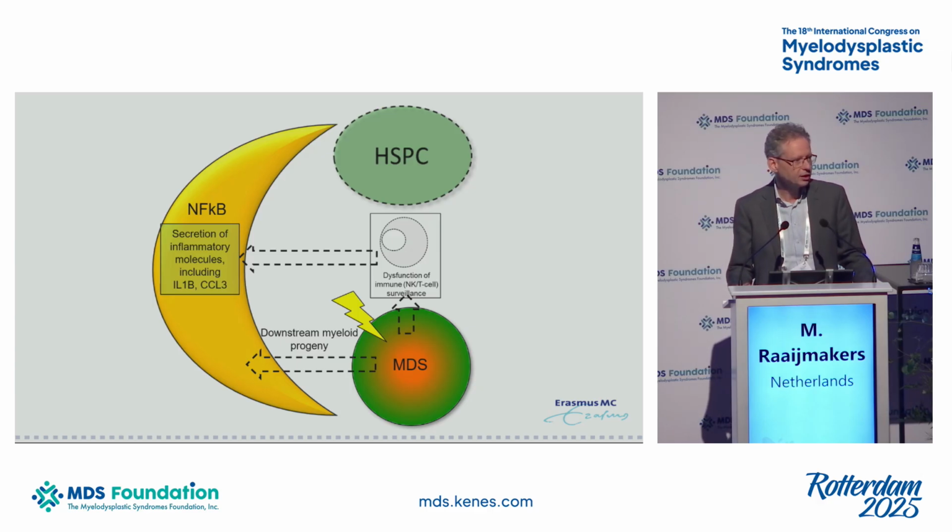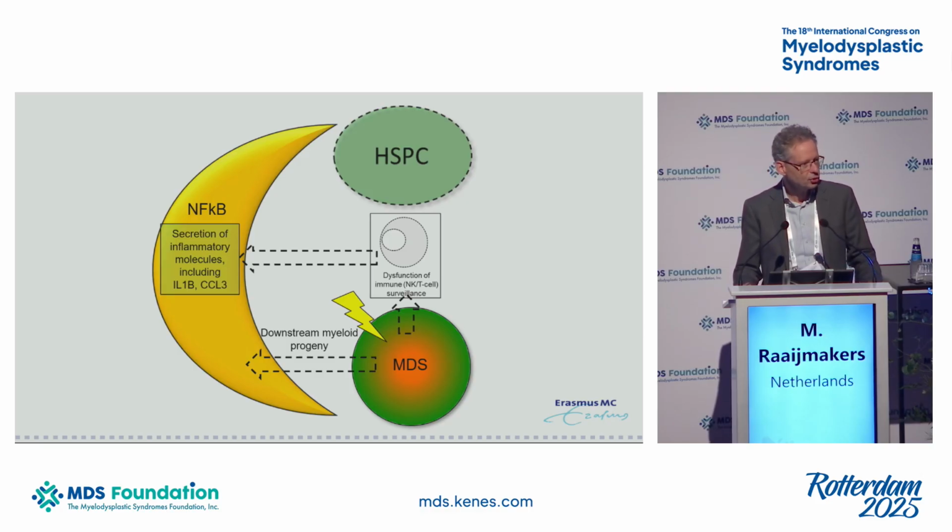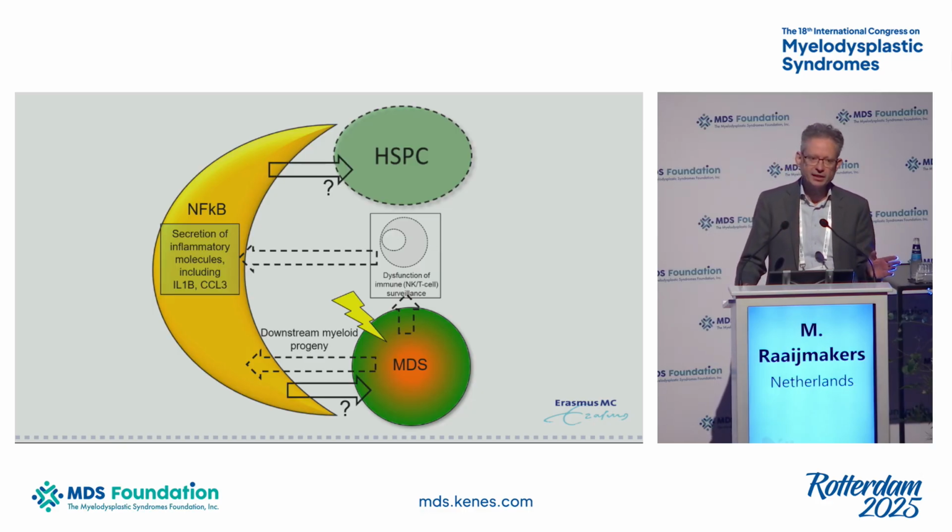I think there is good data to suggest that downstream progeny of a myeloid clone may also play a role in inflammation of other cell types, including stromal cells. But still, this leaves unanswered the most important question: what is the relevance or the consequence of stromal inflammation? How does that affect normal hematopoietic stem cells versus mutated hematopoietic stem cells?